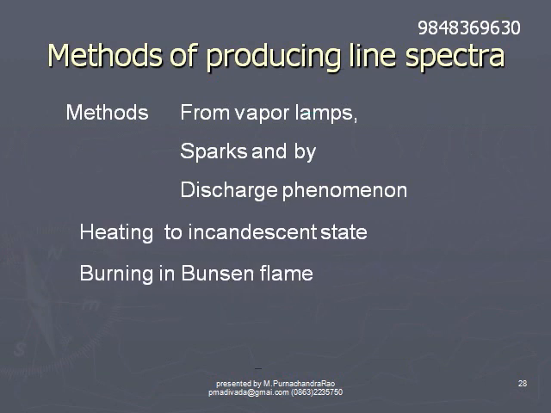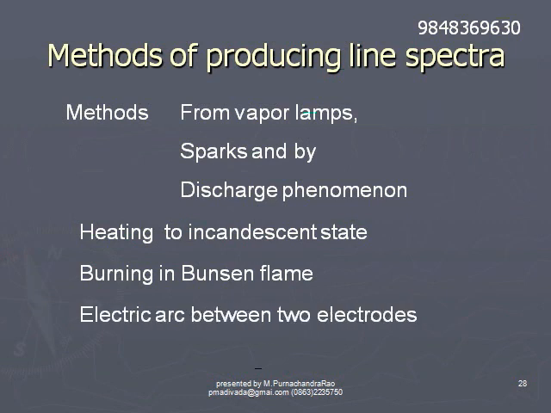The methods are heating a substance to an incandescent state, burning a substance in a Bunsen burner flame, and creating an electric arc between two electrodes.